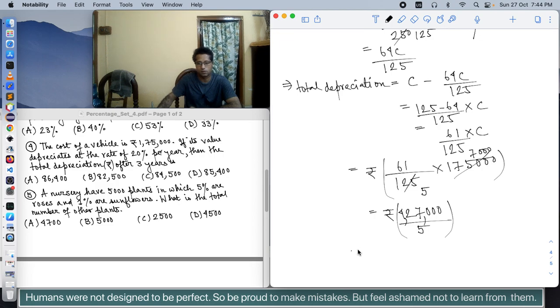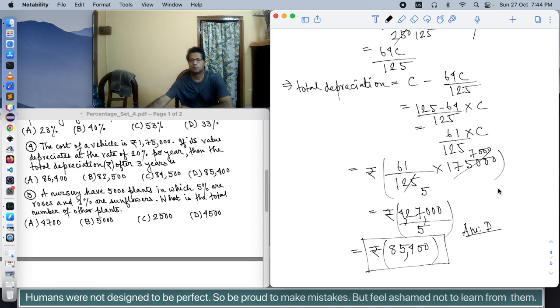So this becomes 42,700 divided by 5, which becomes 85,400. So this is the total depreciation, and hence the correct choice is D. D is the correct choice. Okay.